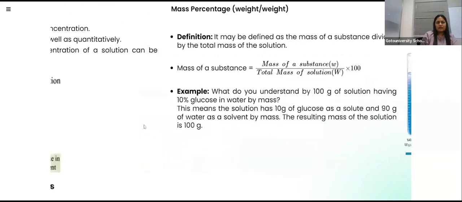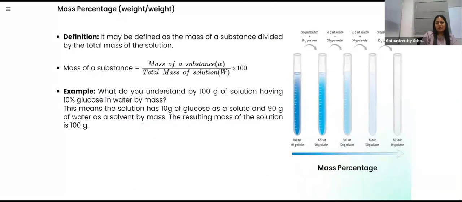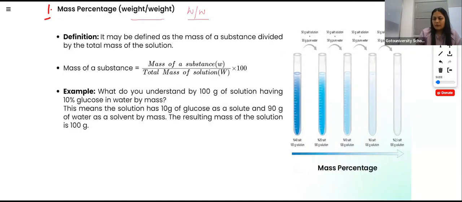So what are the ways to calculate the concentration? As I have said, there are 7 different methods to express the concentration. First is mass percentage, right? This is also known as mass by mass percentage. Let us quickly see here what other methods are.